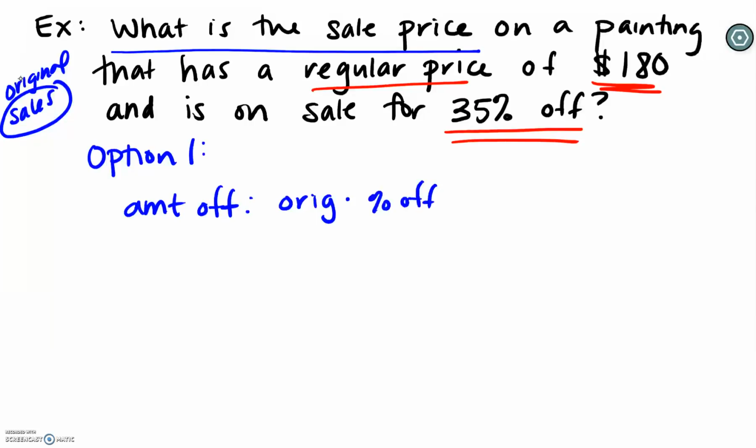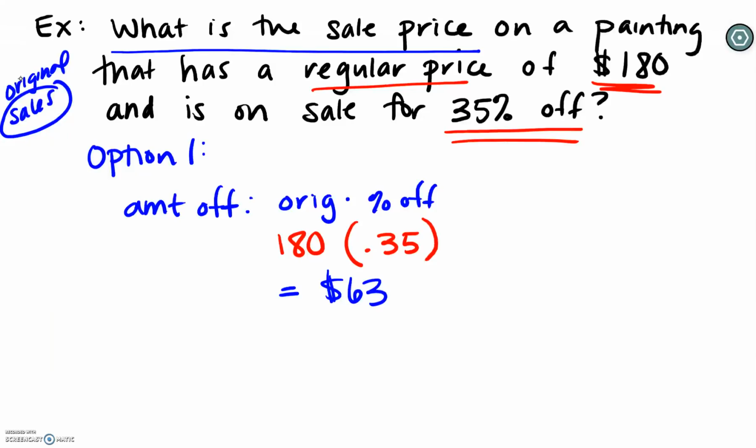So in this particular case, this is going to be our 180 times that 35%, which I'm going to write as a decimal 0.35. So this is going to give us the amount that is off of this painting. So I'll bust out a calculator because I don't do simple math in my head. Looks like we're saving $63.